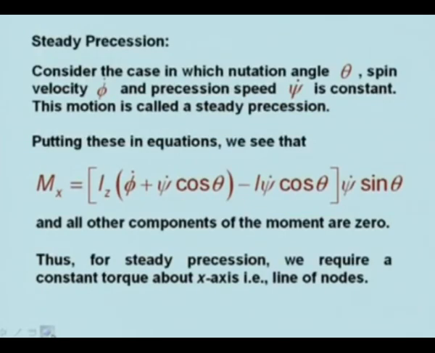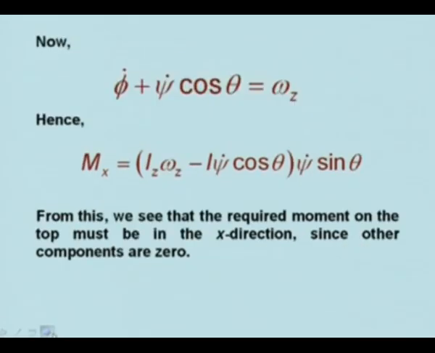Now let us discuss the steady precession. Consider the case in which the nutation angle theta, spin velocity phi dot and precession speed psi dot are constant. Precise analysis will show that all other components of the moment are 0. Thus, for steady precession, we require a constant torque about the x-axis, that is the line of nodes.